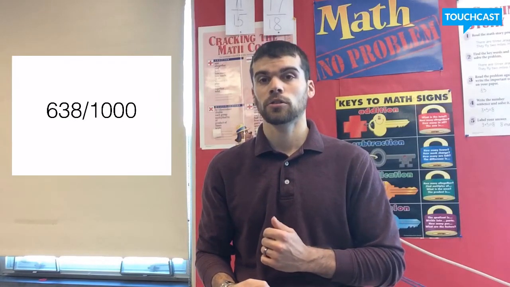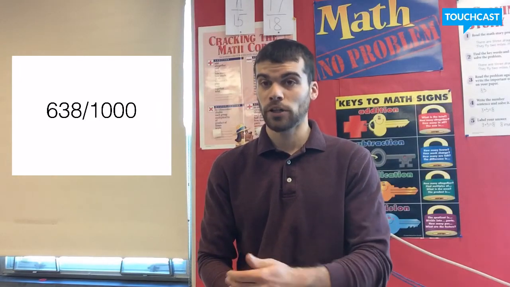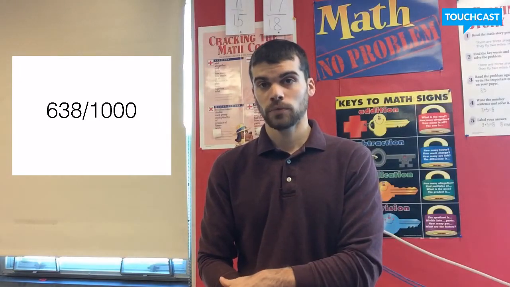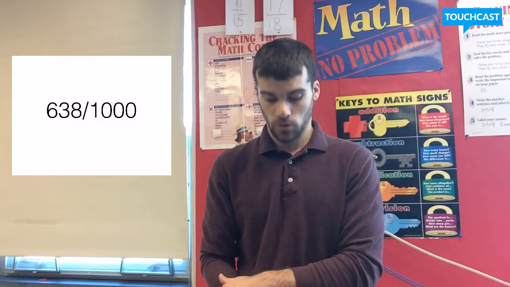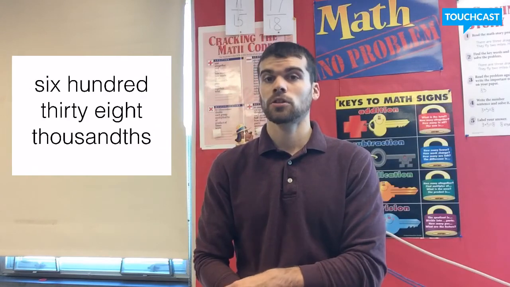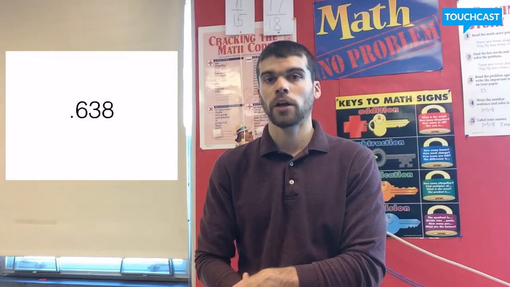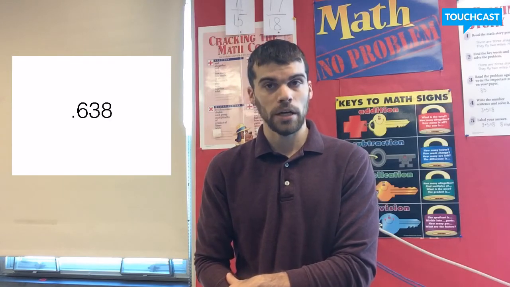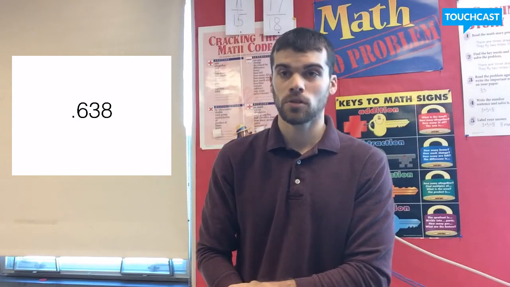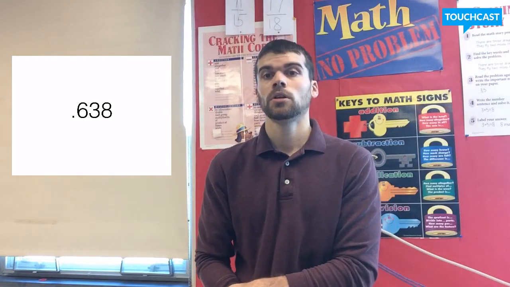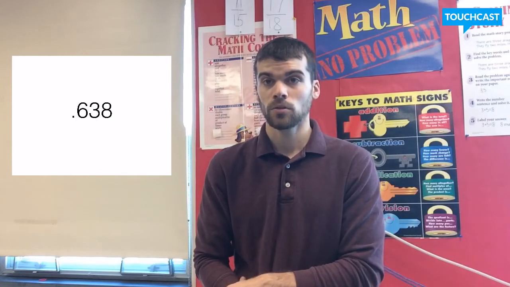If we have a fraction over 1,000, I should be able to read this, listen, and write. So I can see 638 thousandths. So when I say that, we have 638 thousandths, and now I can successfully write it numerically. 0.638, with the 8 being in the thousandths place, 638 thousandths. So we can successfully try this, and now you can practice on your own.